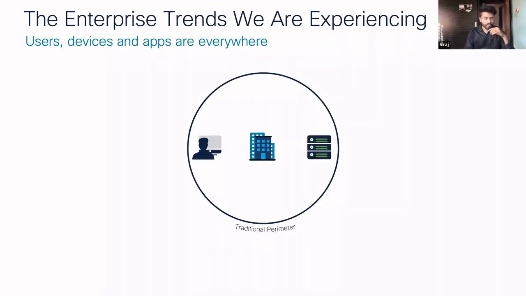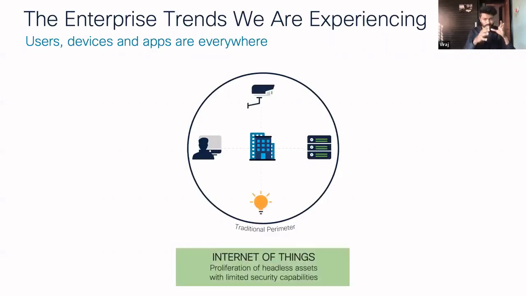But what has happened over the years is that this traditional perimeter has evolved, right? If you take a look at the Internet of Things, there's a lot of things getting added. Everything is now trying to talk to the internet. The CC cameras want to talk to the internet because they want to store more data, and having a hard disk on the camera itself is not feasible, right? They need to continuously feed it either to the server for live monitoring as well as for storage.